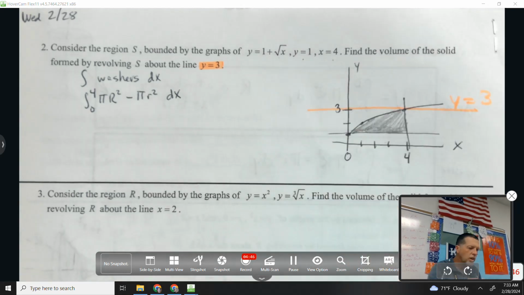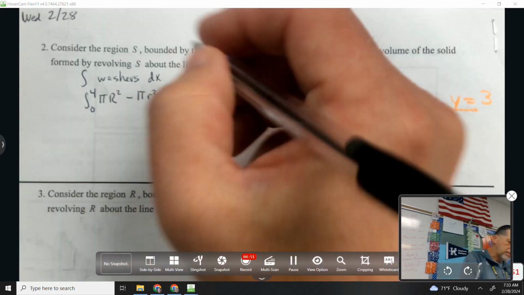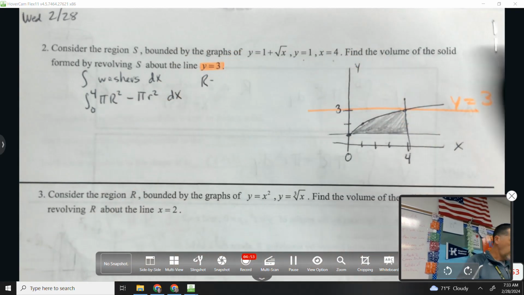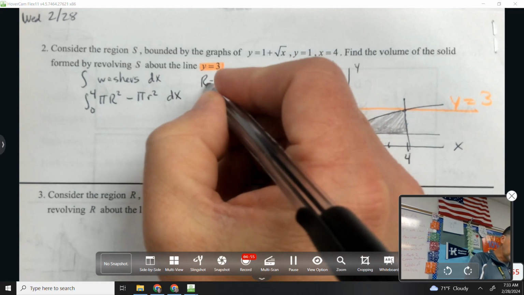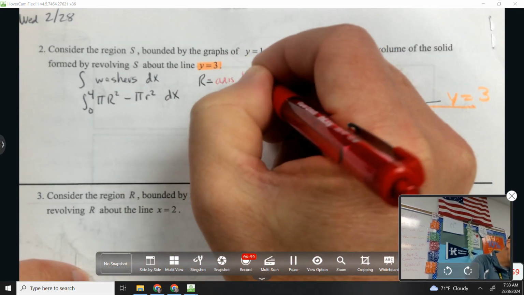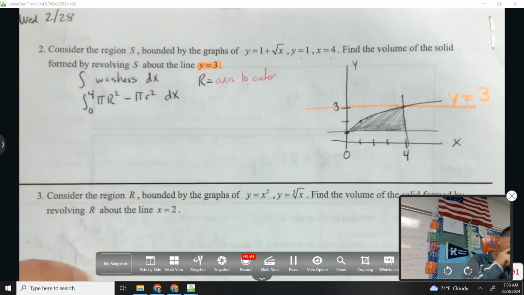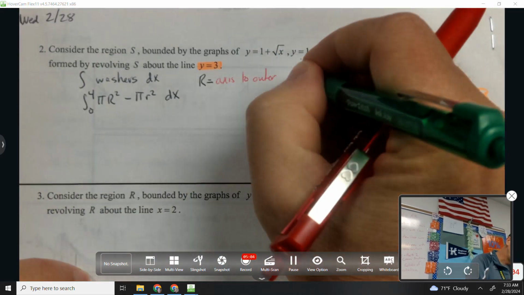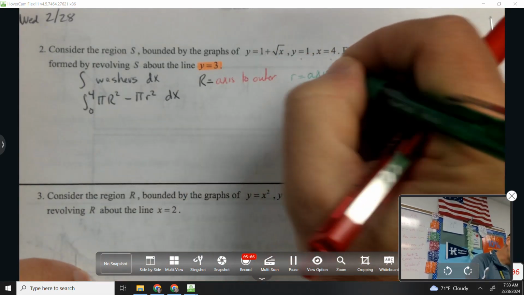Especially good since I didn't have it labeled. Y equals 3. So now I need to figure out big R and little r. Big R is the distance from axis to outer edge, and little r is axis to inner edge.